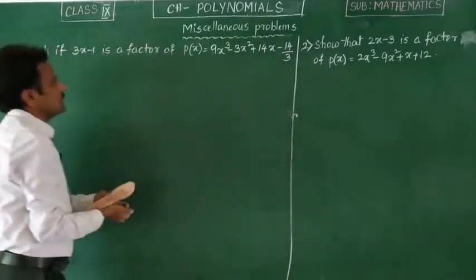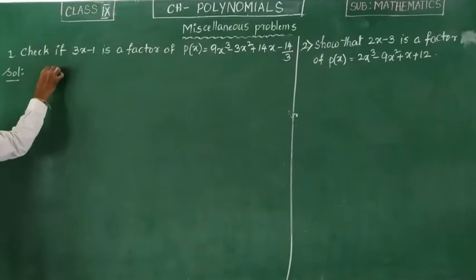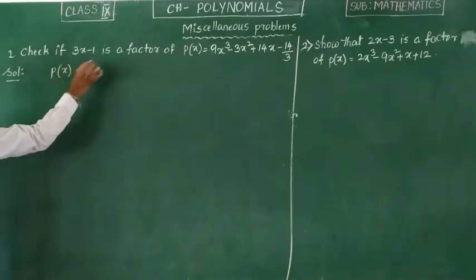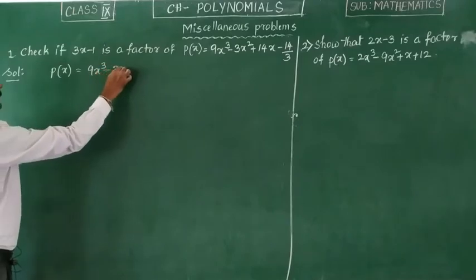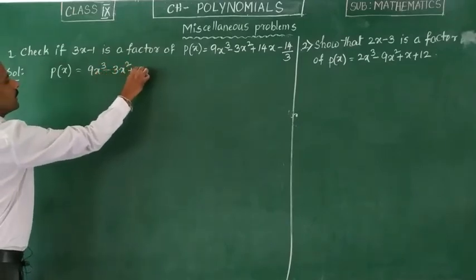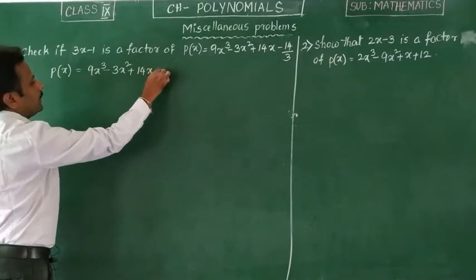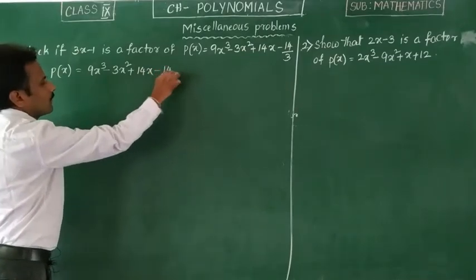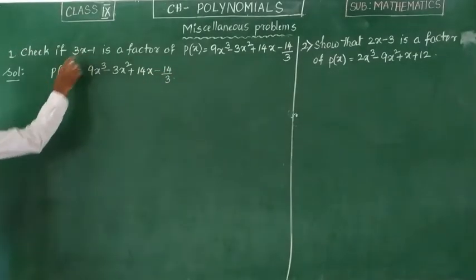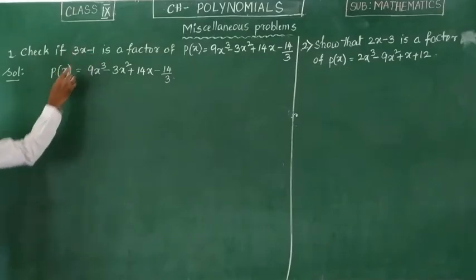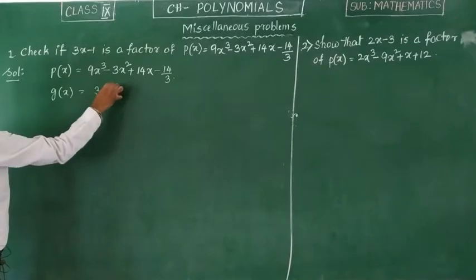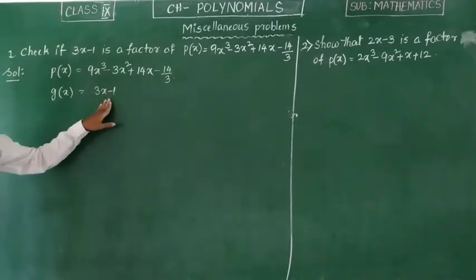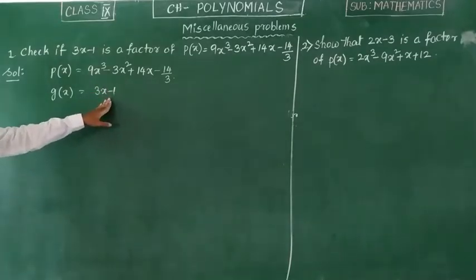What is p of x given here? The dividend, that is 9x cube minus 3x square plus 14x minus 14 by 3. Whereas g of x, let us assume that divisor whatever it is given, that is g of x, that is 3x minus 1. So now we need to find the 0 of polynomial, that is 0 of 3x minus 1.